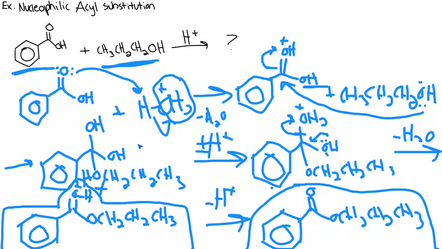And if they ask you not to do the mechanism, just what's the product of this reaction, you know that this part of the alcohol will just connect here, and this OH and that H will combine to form water. So that's the shorthand if he just asks you for the product instead of the whole mechanism.